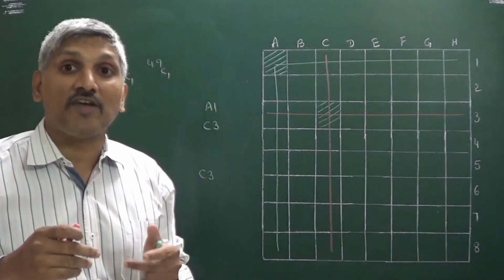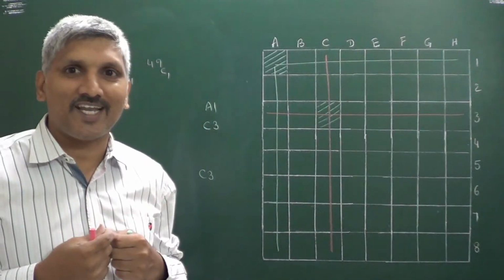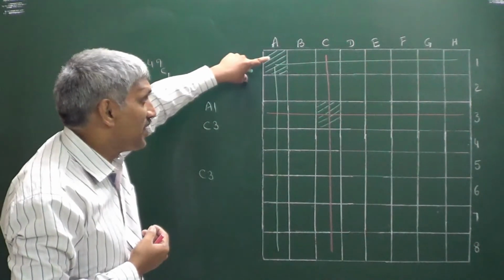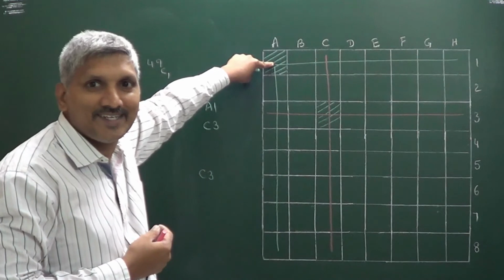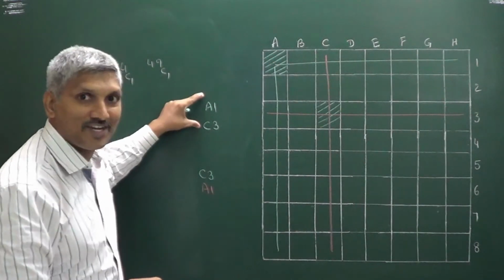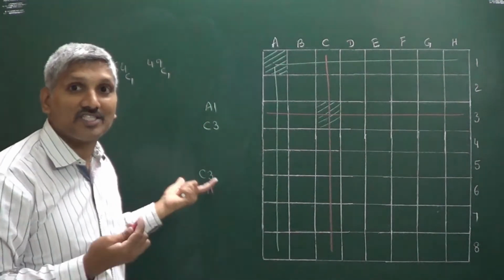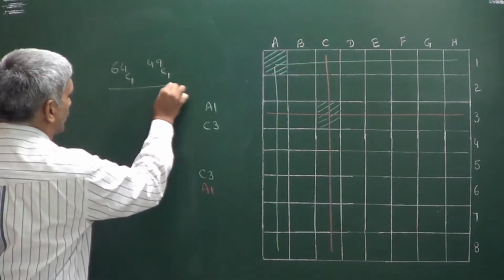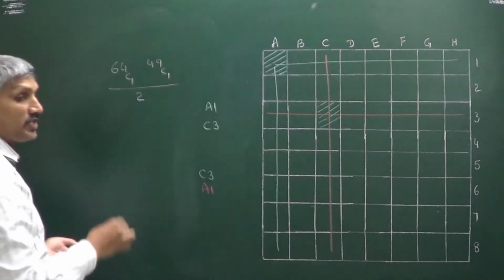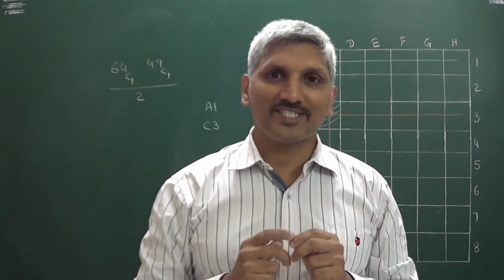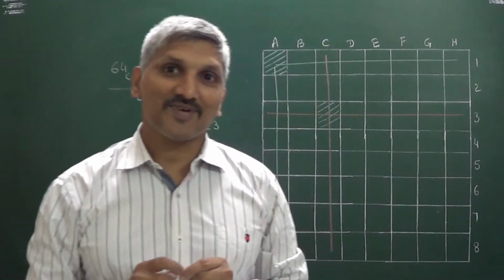Now from the remaining 49 squares we have to select. When we are selecting from the remaining 49, we may select this one or not, so we may select A1 again. That means whatever we got here and here is the same. That's why we have to divide by 2 for the number of ways of selecting two squares so that they are not in the same row, not in the same column.